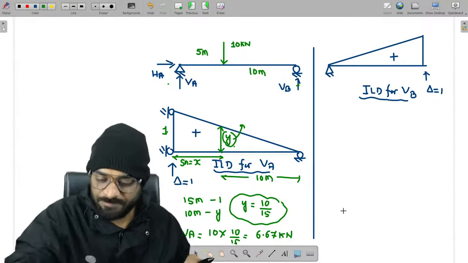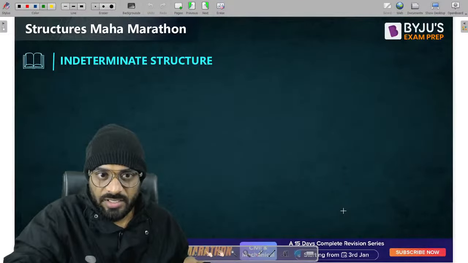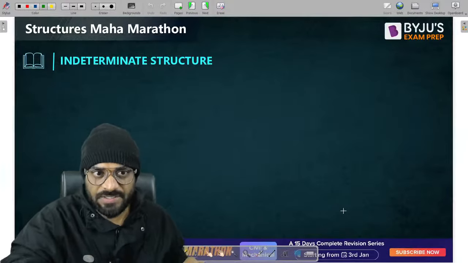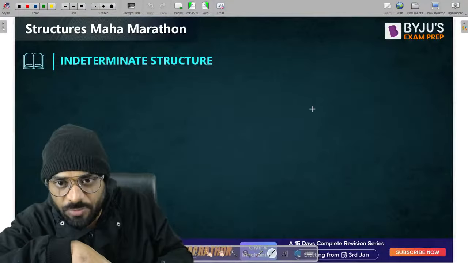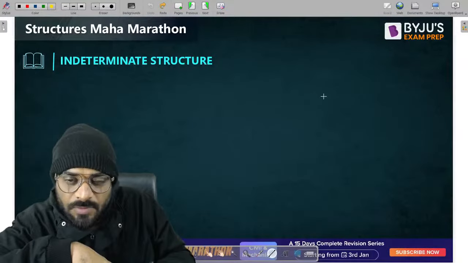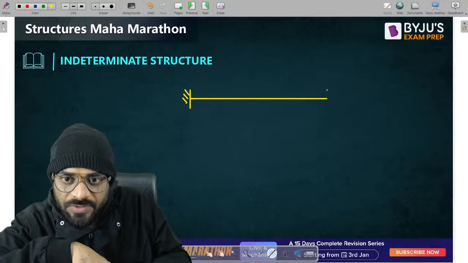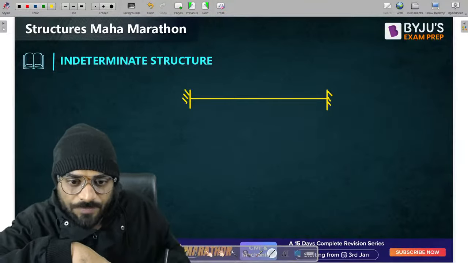Okay, done. Now let's move to the next thing, guys, which is basically our indeterminate part. Let's understand the ILD for the indeterminate portion also. This is fixed support.